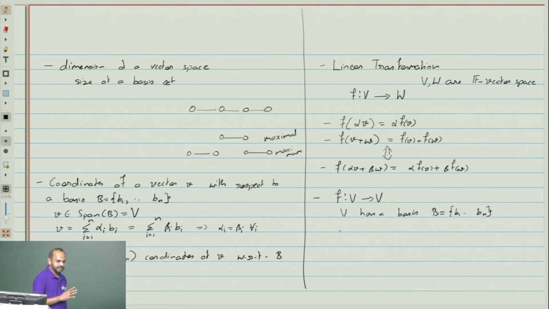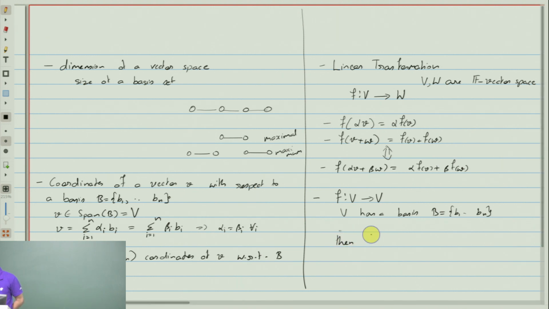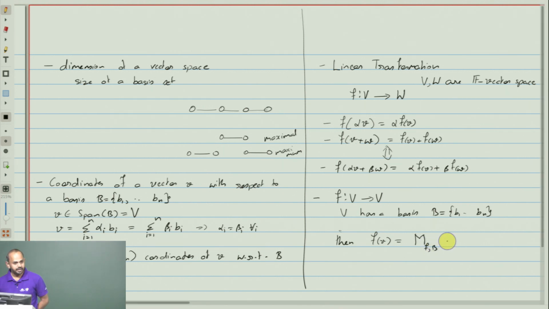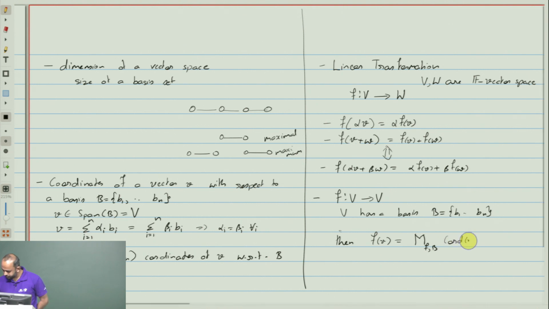If you fix a basis for a vector space, then every linear transformation becomes a matrix multiplication. F of V is the same as there is a matrix which represents F in B, and times this will be the coordinates of V with respect to B.